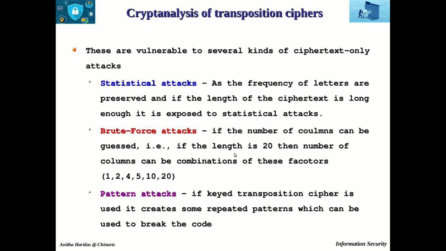An example given here is, if the length is 20, then the number of columns can be 1, 2, 4, 5, 10, or 20. So these are the factors. This is how the 20-length plain text might have been divided into blocks, right? So by guessing these columns, he or she can easily break the code.